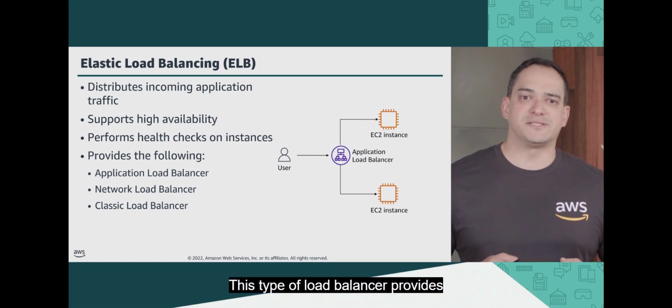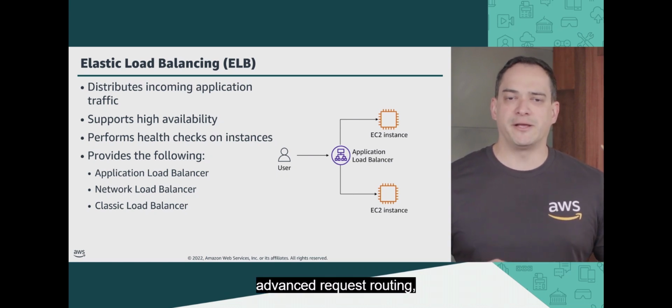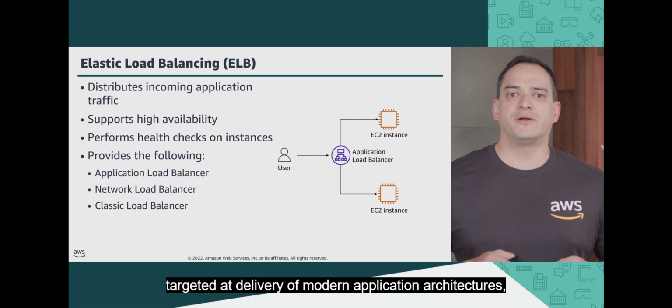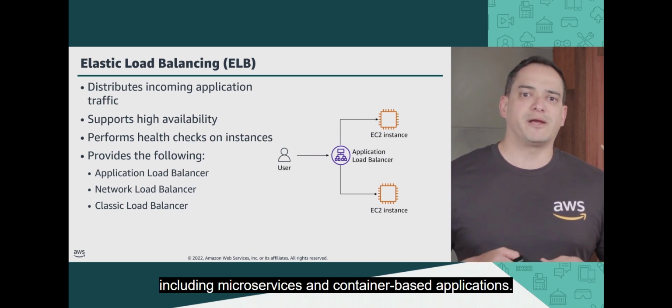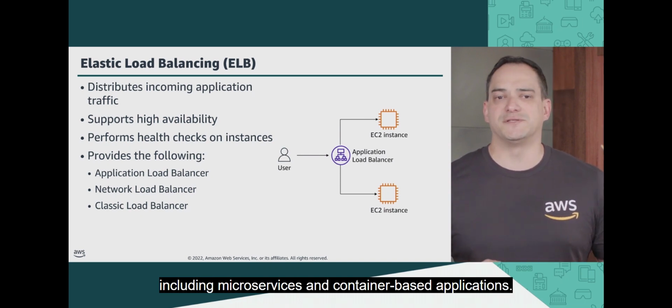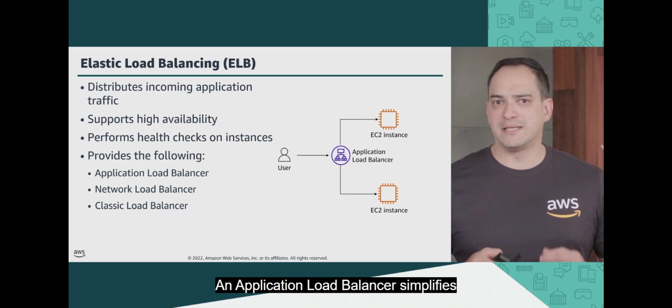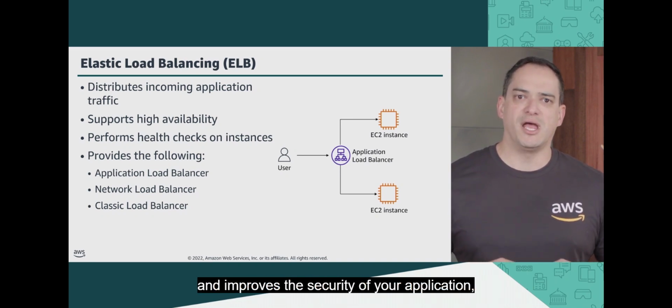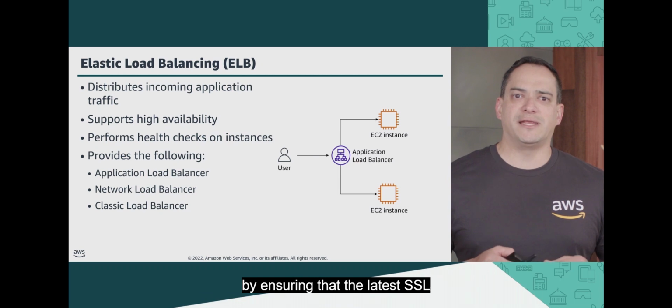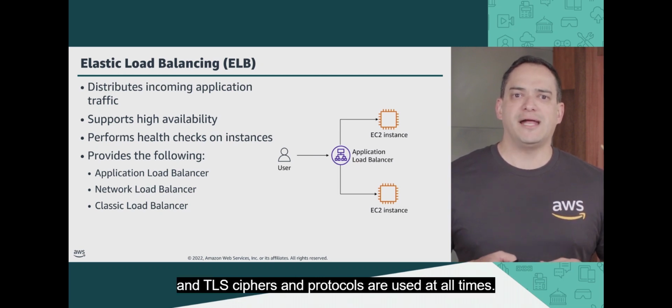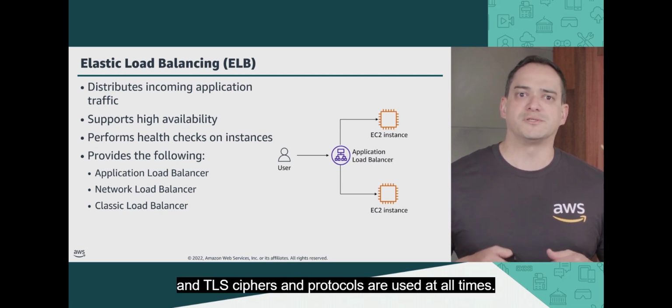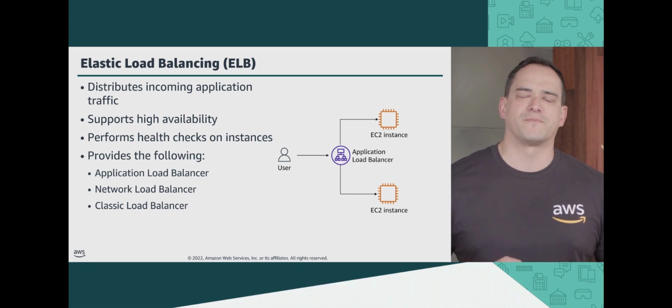This type of load balancer provides advanced request routing targeted at delivery of modern application architectures, including microservices and container-based applications. An application load balancer simplifies and improves the security of your application by ensuring that the latest SSL and TLS ciphers and protocols are used at all times.